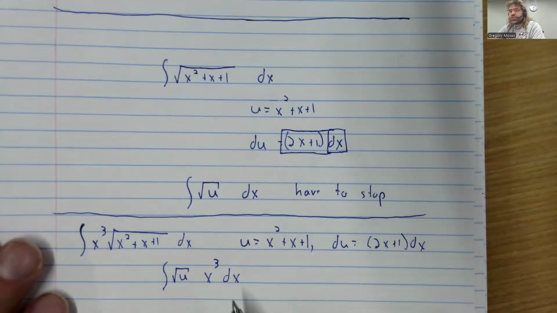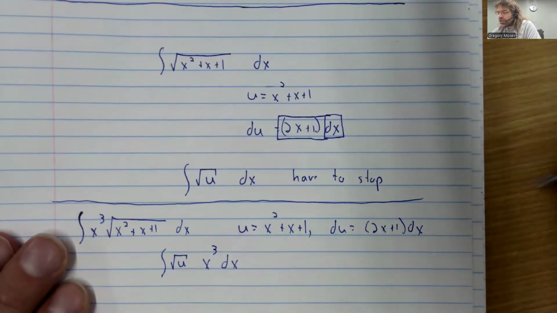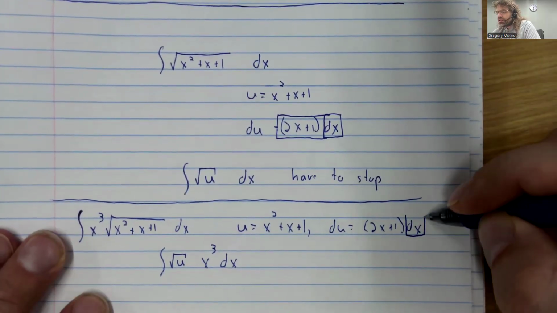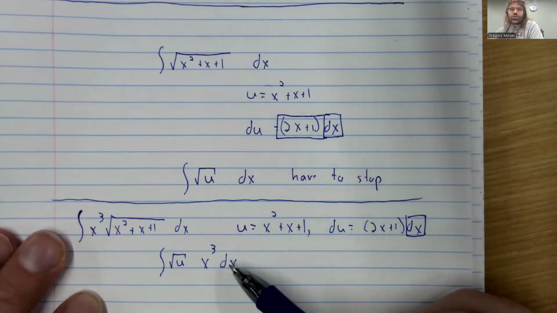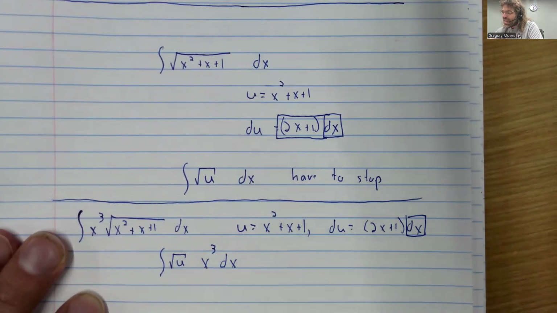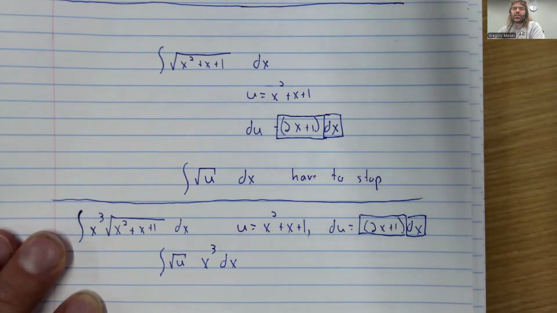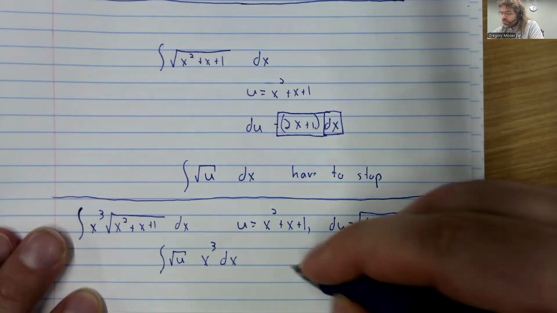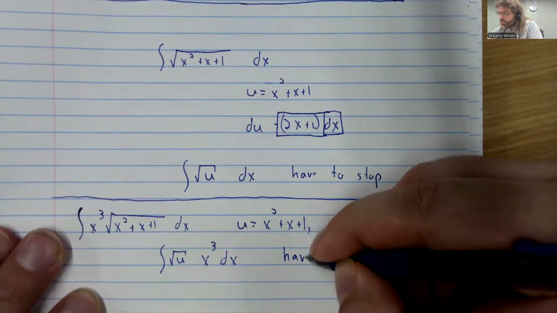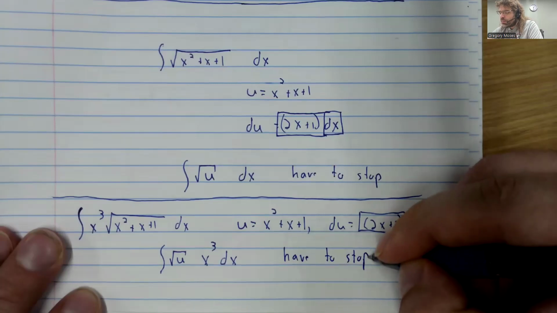But then we need to turn the dx into the du. And to turn the dx into the du, well, we need the dx. Okay, good news, I guess. We have that. But then we need 2x plus 1. And again, that's just not what we have. We have an x cubed. No good. Have to stop.